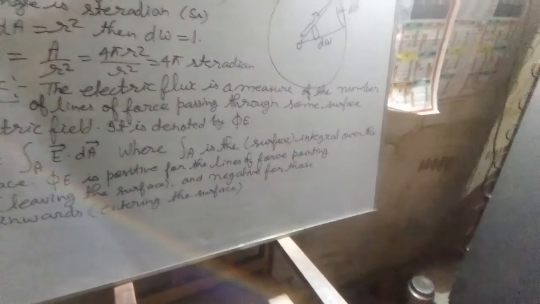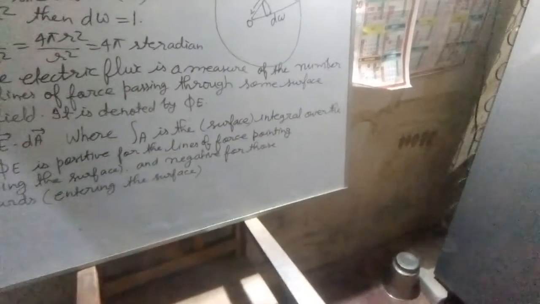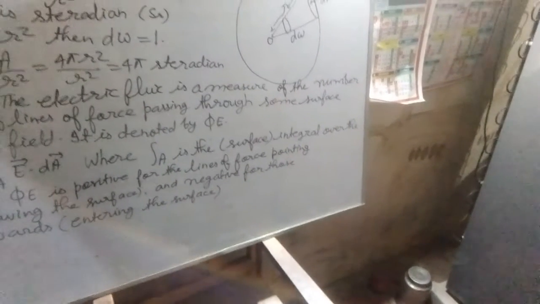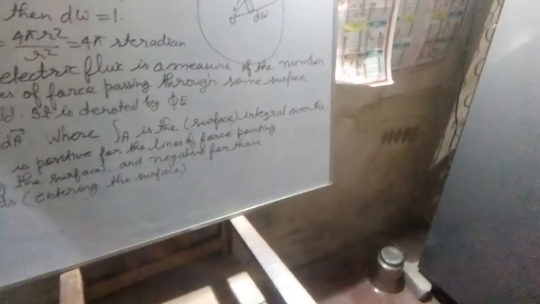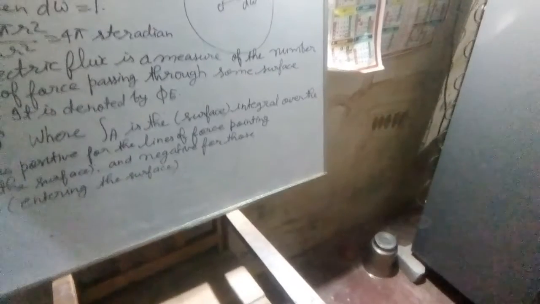Phi E is positive for the lines of force pointing outwards, means leaving the surface, and negative for those pointing inwards, means entering the surface.